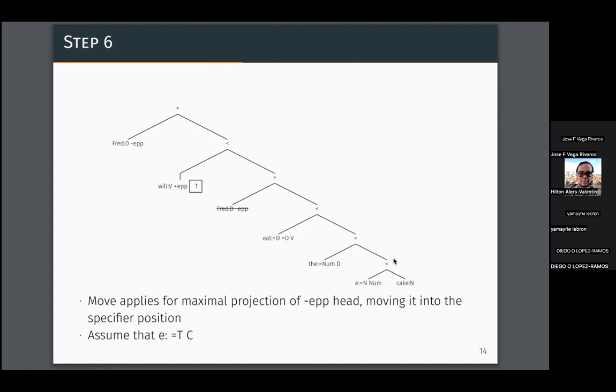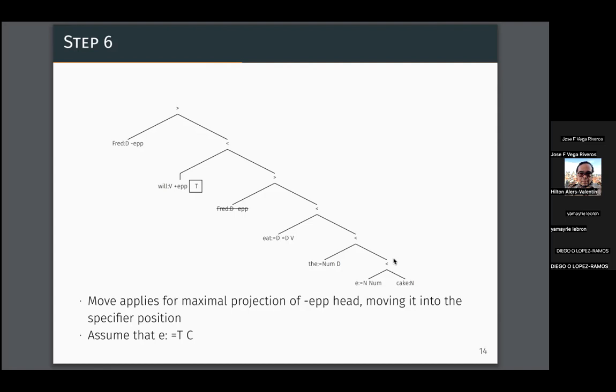Entonces, lo que ocurre, ¿verdad? Cuando Diego habla de movimiento acá, se refiere a que, fíjate, el tiempo del verbo es futuro, ¿verdad? Es distinto al verbo. Pero nosotros no decimos will Fred eat the cake. Eso sería como una pregunta, ¿verdad? Will Fred eat the cake? Yo digo, Fred will eat the cake, ¿verdad?